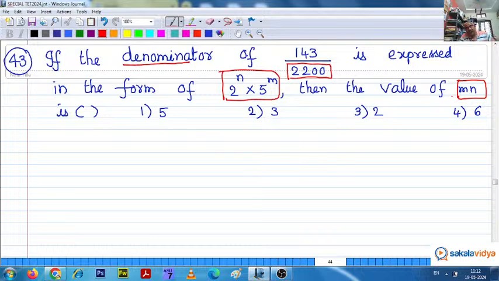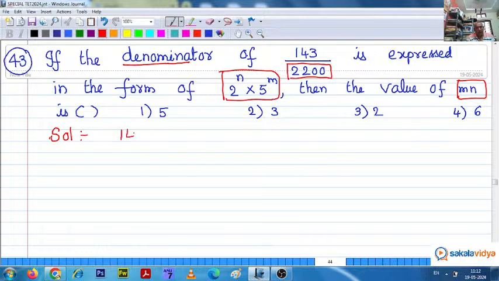So first of all, you should be very careful whether 143 by 2200 is in simplest form or not, that we need to check. So if it is not, we need to put in simplest form, then only we need to consider the denominator, and denominator should be written in the form of 2 power something into 5 power something. By equating, m and n values will be obtained. After that simply you can multiply.